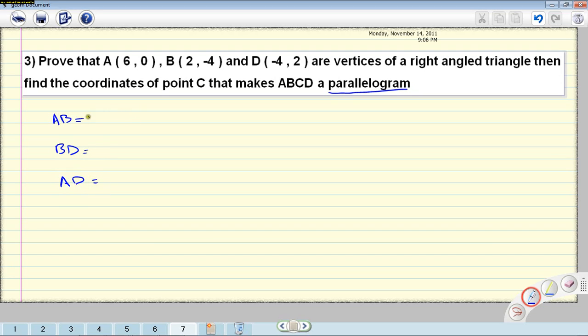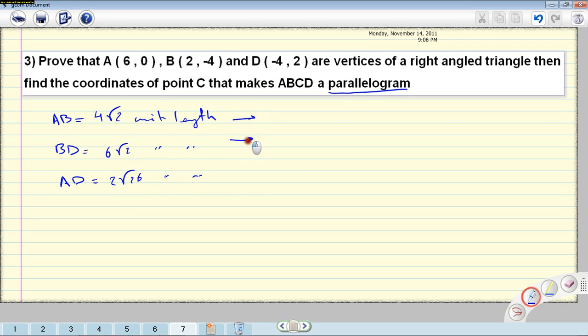Okay, AB, it's 4 root 2 unit length, using the distance rule. And BD, it's 6 root 2 unit length. And finally, AD, it's 2 root 26 unit length.